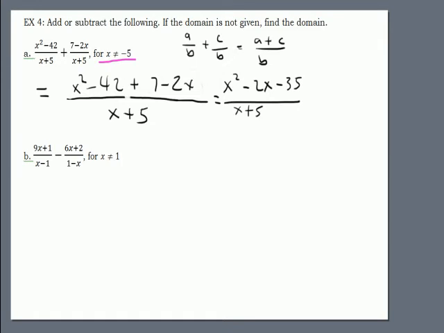Of course, we need to factor the numerator. Doing that, we should see that this is going to be x plus 5 times x minus 7 in the numerator, all over that x plus 5. And hopefully we're seeing here those x plus 5s are canceling. So we're left with a final result of this addition of two rational expressions as x plus 7, again with the domain of x does not equal -5.